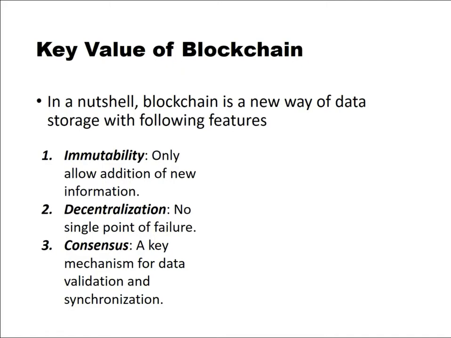Second, decentralization. That means data is stored in multiple places with shared governance. As a result, there is no single point of failure. Third, consensus. This is the key mechanism to enable data synchronization.